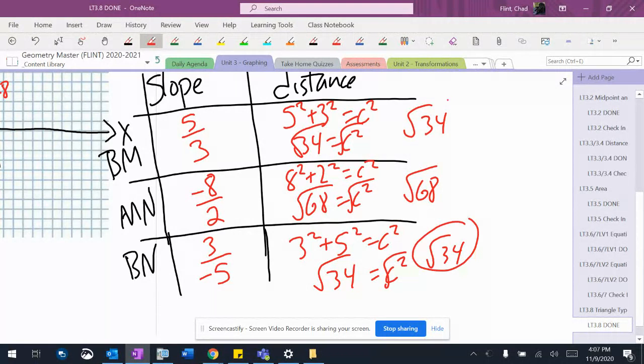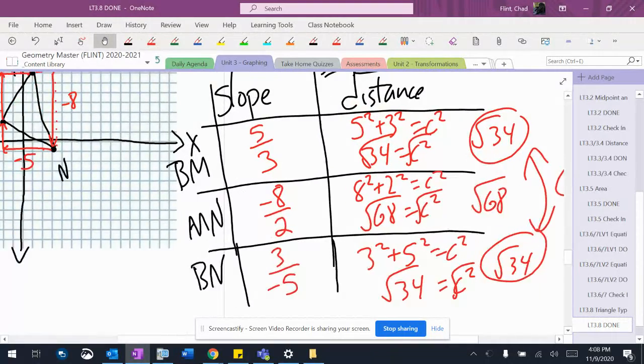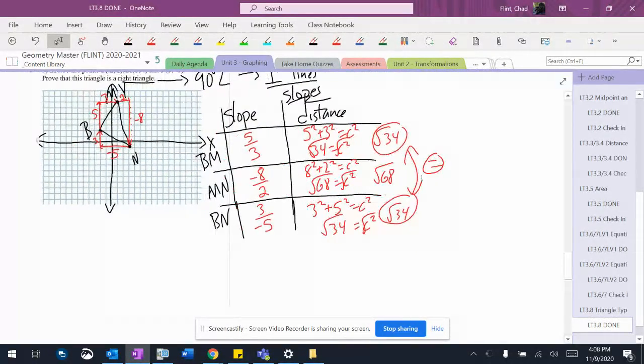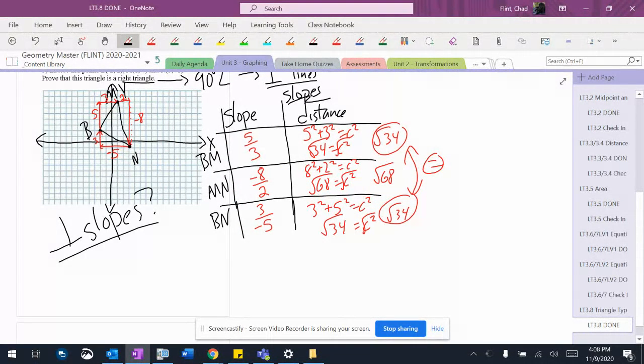Okay, now, those two are the same, so it's isosceles, but it didn't ask that. It says it is a right triangle. So think about what perpendicular slopes look like. Okay, perpendicular slopes where you took a fraction. So I'm just going to put an example down here. And to make a perpendicular slope, you flip the fraction over and you make it negative.